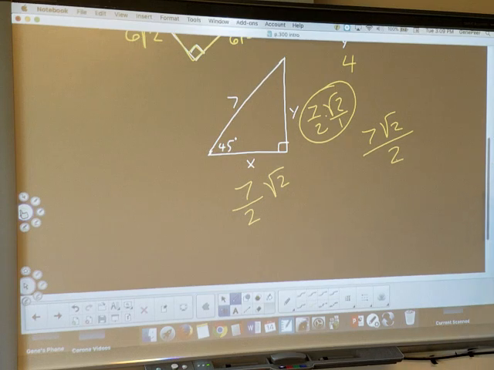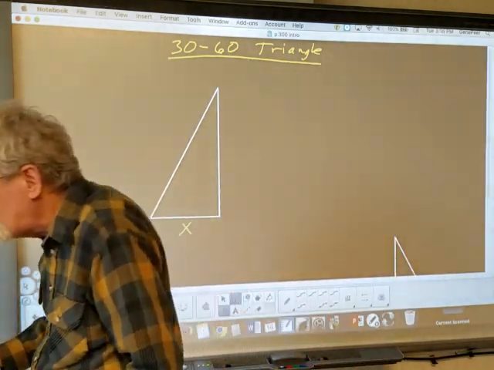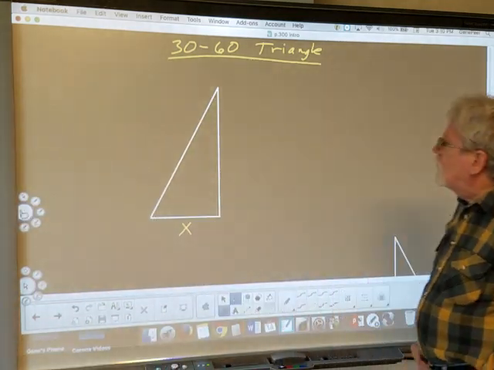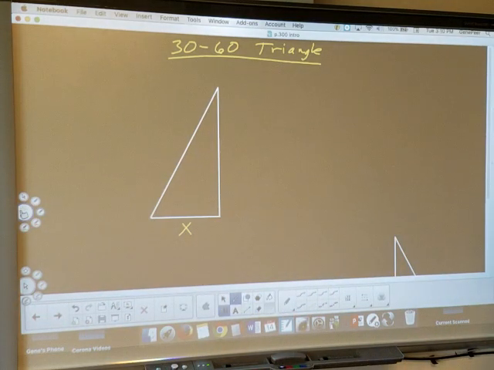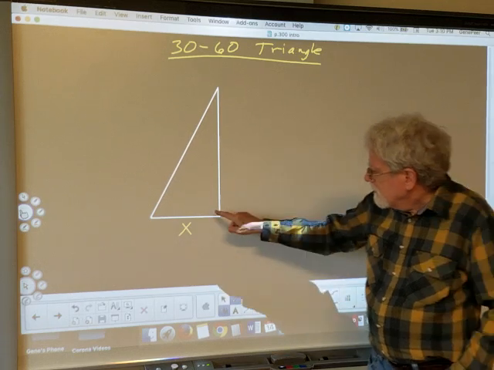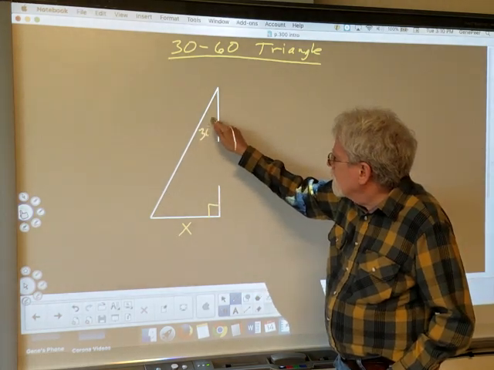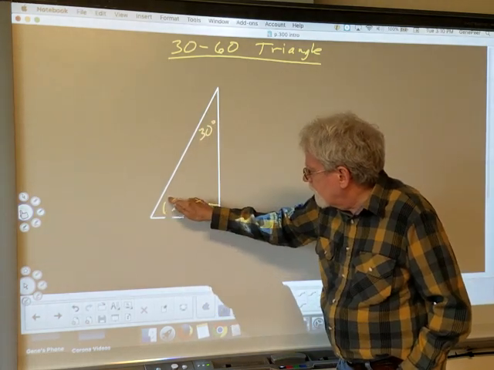Alright, we now move on to another concept. That was all about theorem 8.6. Now we look at theorem 8.7. This is a 30-60 triangle, a right triangle with angles of 30 degrees and 60 degrees.